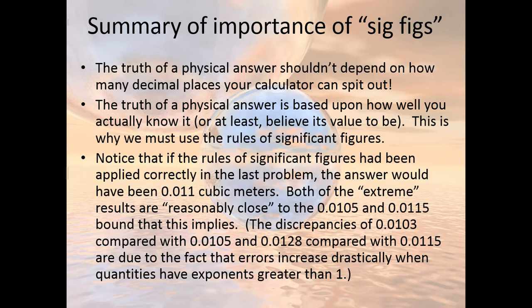And notice that if the rules of significant figures had been applied correctly in the last problem, we would have had 0.011 cubic meters, and it actually is reasonably close to the extreme values. The discrepancies are due to the fact that these errors increase when you're dealing with exponents, and we're not dealing with the actual true correct rule. The true correct rule, though, is very close to the much simpler rule that we're using here.